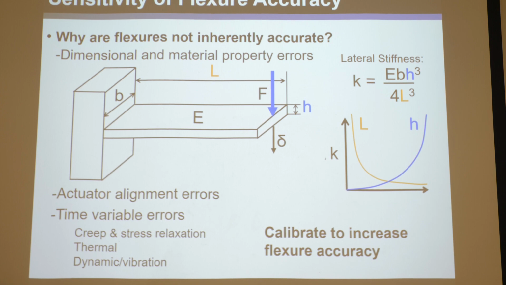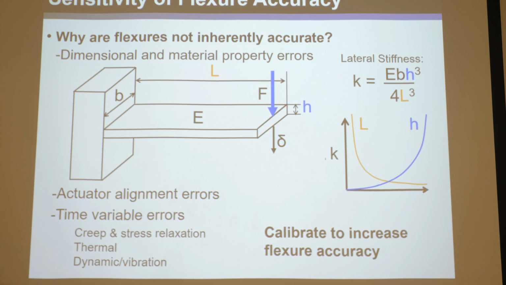Those are time-dependent issues. And just so you know, anytime a material starts approaching half of its melting temperature, the material starts behaving a bit like a liquid, which adds some viscosity, which is where you get these time-dependent errors. So creep and stress relaxation become a big deal.